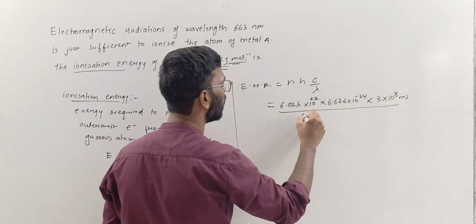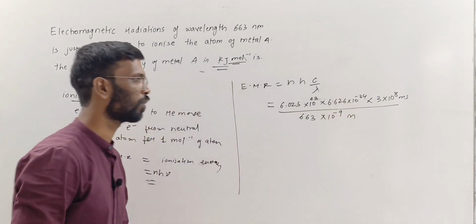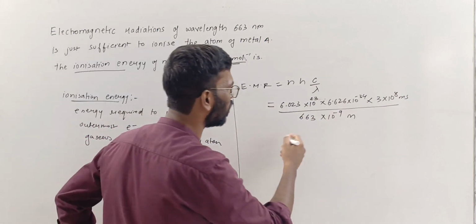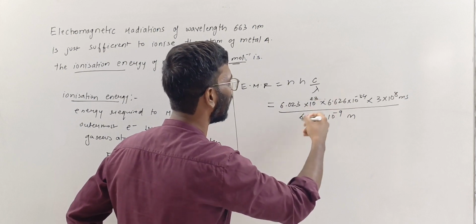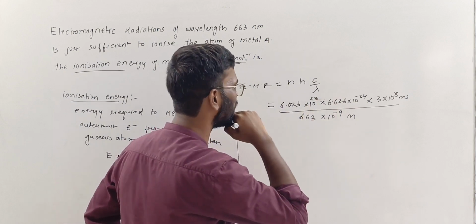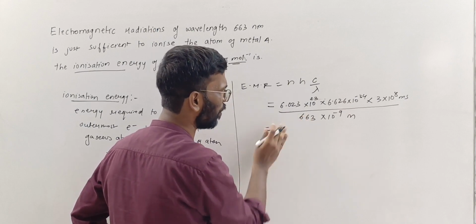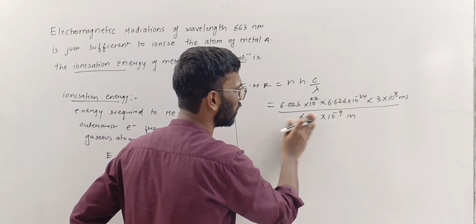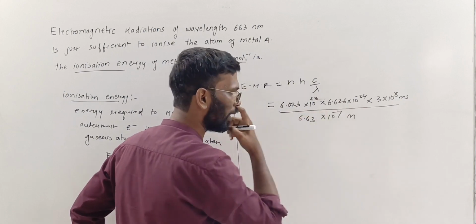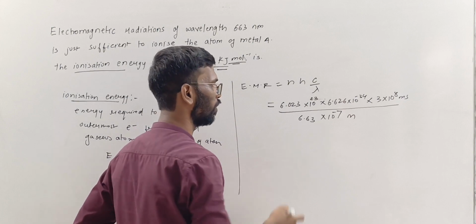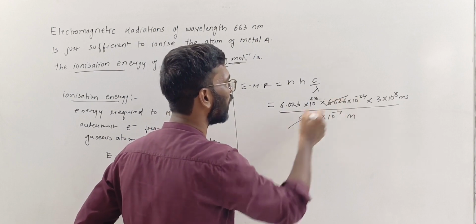Wavelength is given to be 663 into 10 raised to minus 9 meter. If you solve this, these two things will get cancelled nicely. I can write 6.63 into 10 raised to minus 7, which is 663 after conversion, so these cancel nicely.